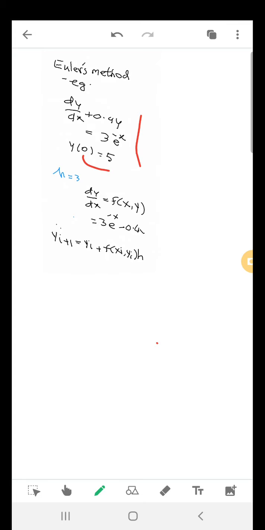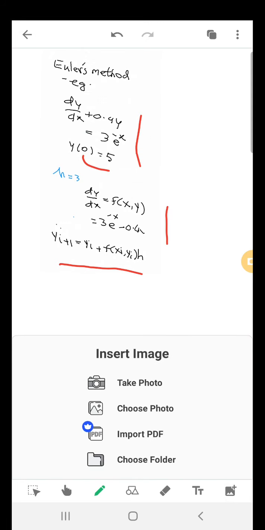We initially start with h equal to 3. We take an initial guess that h is equal to 3, considering the nature of the function. So we put the value of h equal to 3. This is what we obtain, and this is the basic equation of Euler's rule.